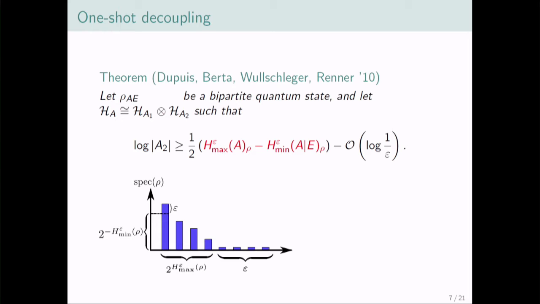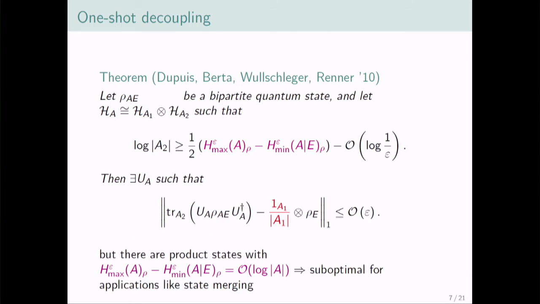And this little epsilon shows that this is a so-called smooth version of the Rényi entropy, which means that the quantities are optimized over an epsilon ball around the state rho.